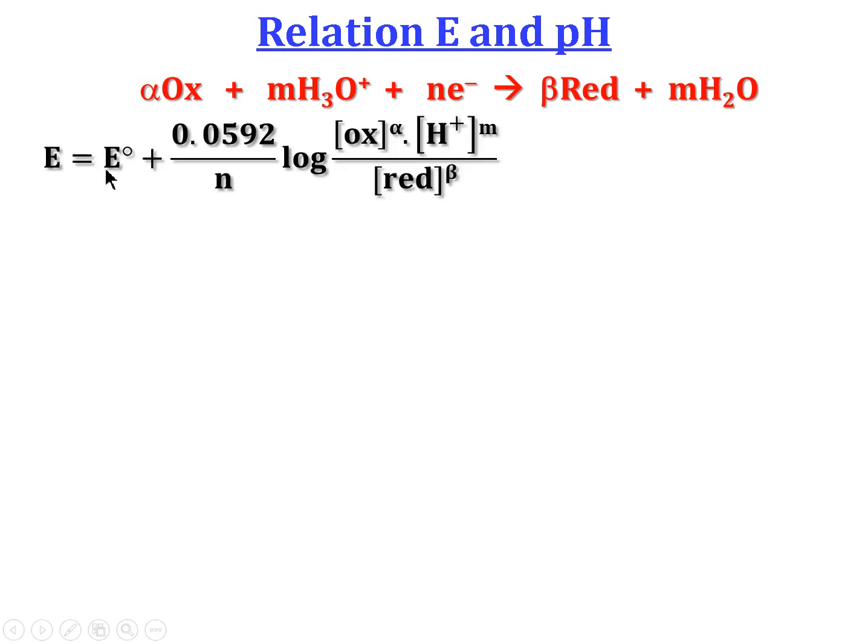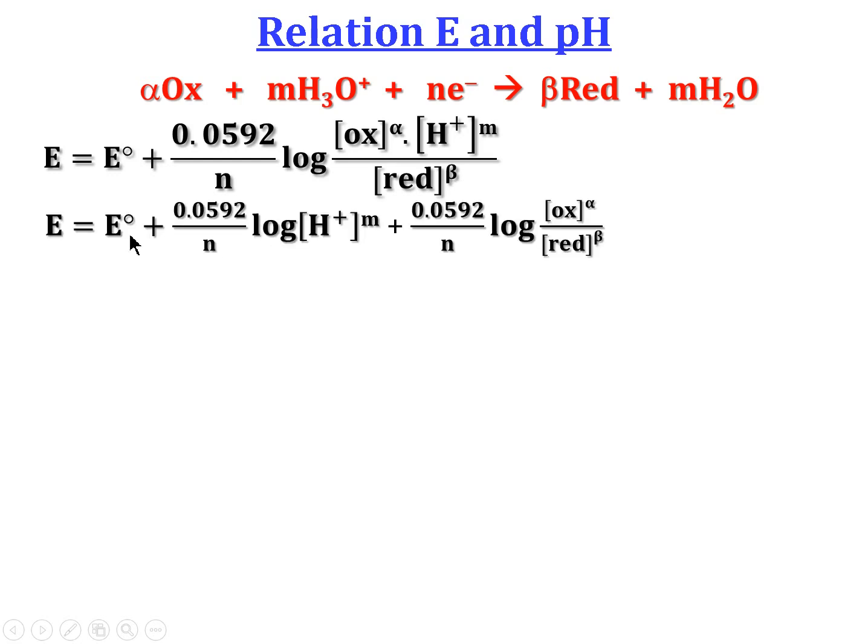So E equals E0 plus 0.0592 divided by n log concentration of ox to the power alpha times concentration of H3O+ to the power m divided by the concentration of the red to the power beta.